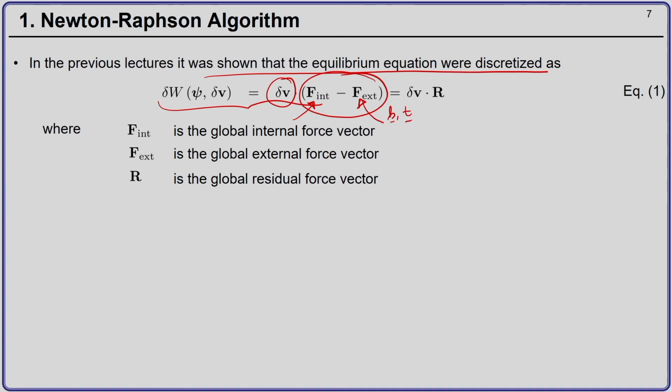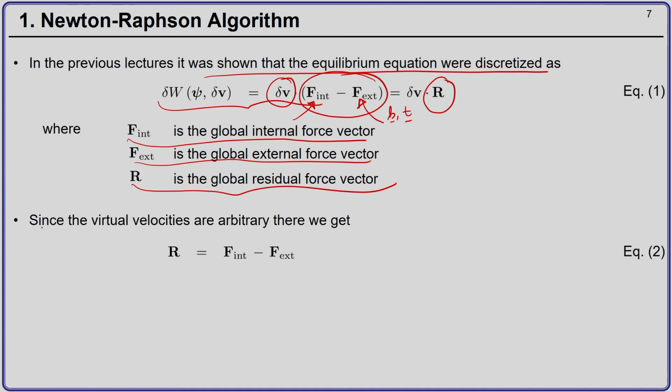Okay. And then the difference of the internal and external forces, if the equilibrium is not achieved, will be equal to some residual, which we denote by r. Okay. So, F internal is the global internal force vector, F external is the global external force vector, and r is the global residual vector. Okay.